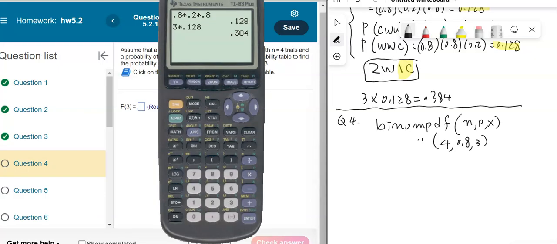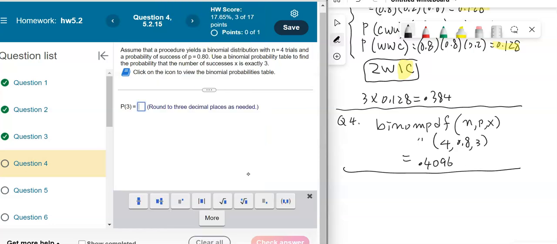So you go to second bars, go down to binom PDF, and then 4, 0.8, x exactly 3. So the answer is 0.4096.